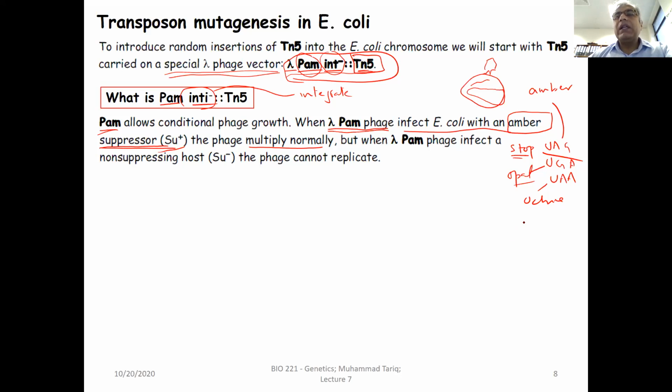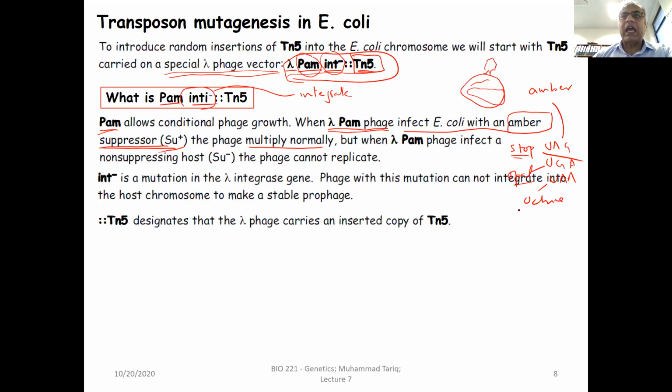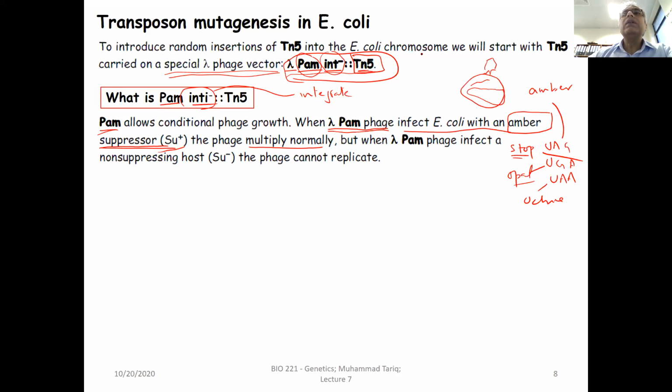Now, normally we have an open reading frame, AUG, and then you have UAG, the stop codon, ending the open reading frame.